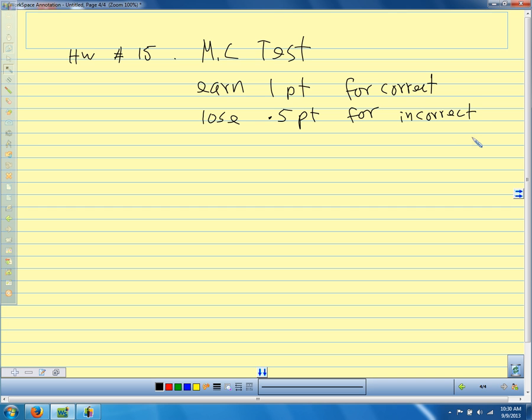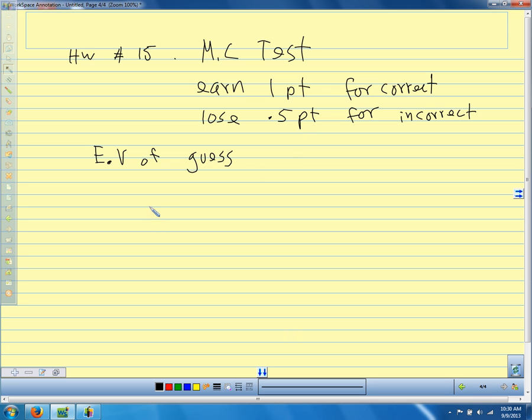If we don't know the answer, the problem asks us to find the expected value of a guess. So the expected value of a guess. How many points would you expect to get for guessing? Well, if we earn 1 point, that's the value of a correct answer. We lose half a point, that's the value of the incorrect answer.